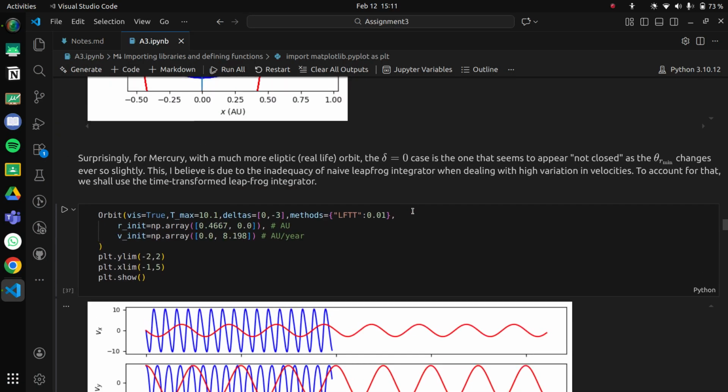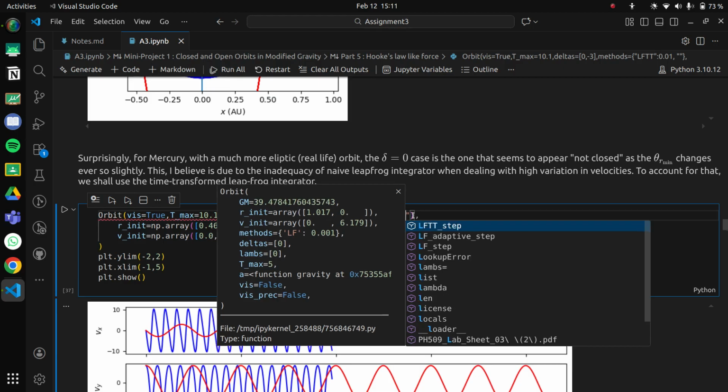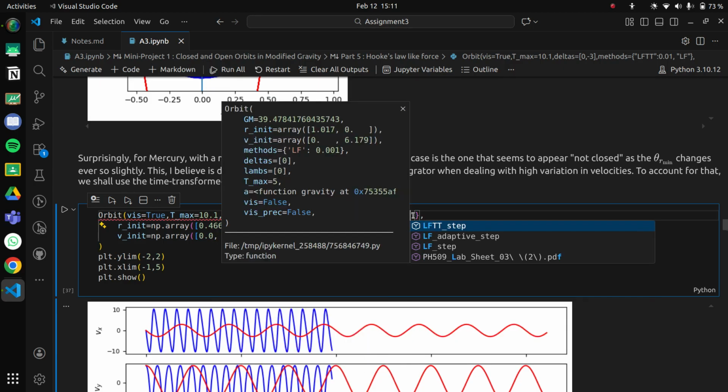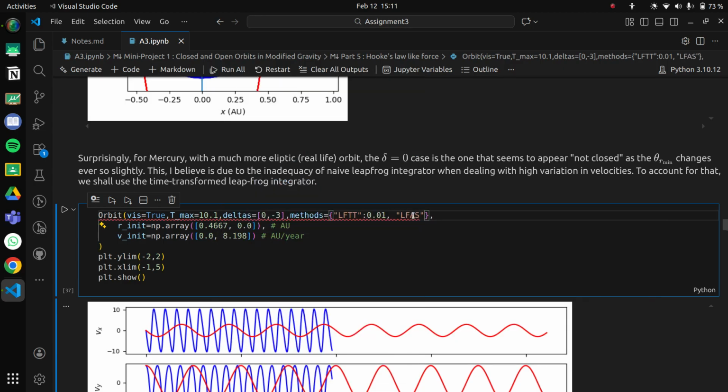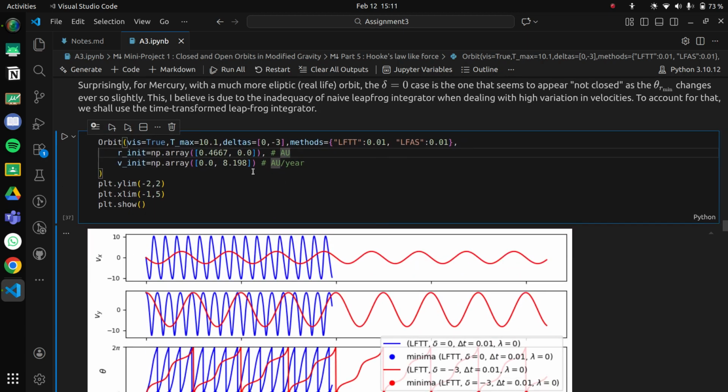Okay, right. So you have two methods running, surprisingly for Mercury with much more elliptical. Okay. So I'm going to pass in another method, which will be leapfrog adaptive step. I'm getting a weird lag. It's most likely because of the recording. But yeah. Let's hope this works.